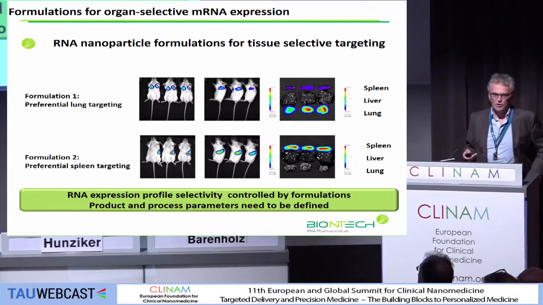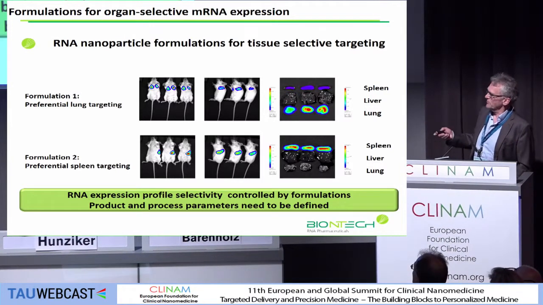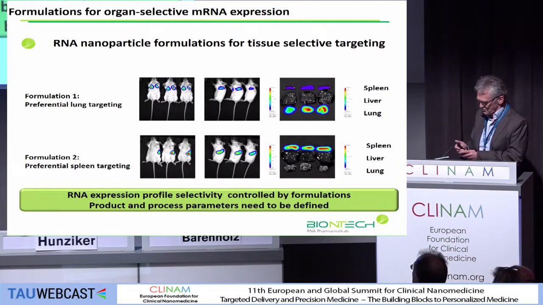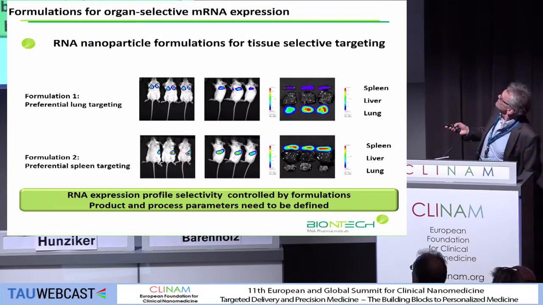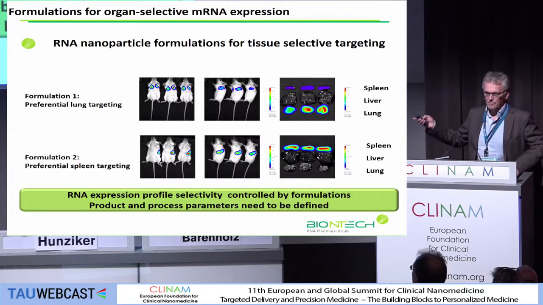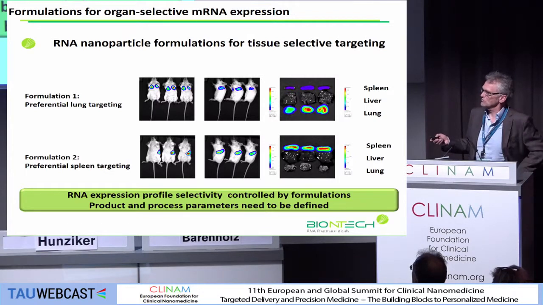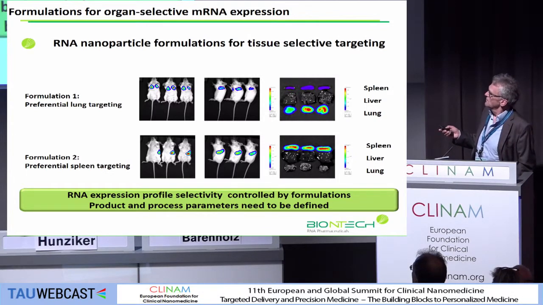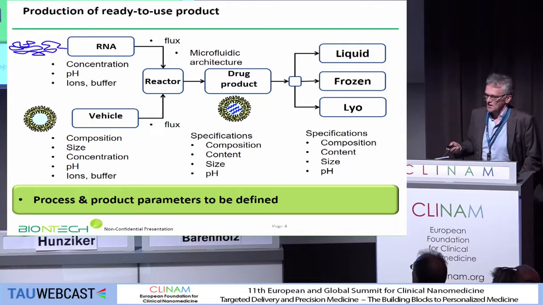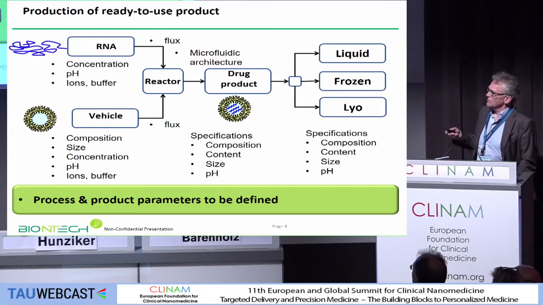Here you see two formulations which have been developed from that. One is targeting spleen, one is targeting lung, and this has been done by optimizing the formulations with respect to the physicochemical aspects. So I will come to the aspects later on.